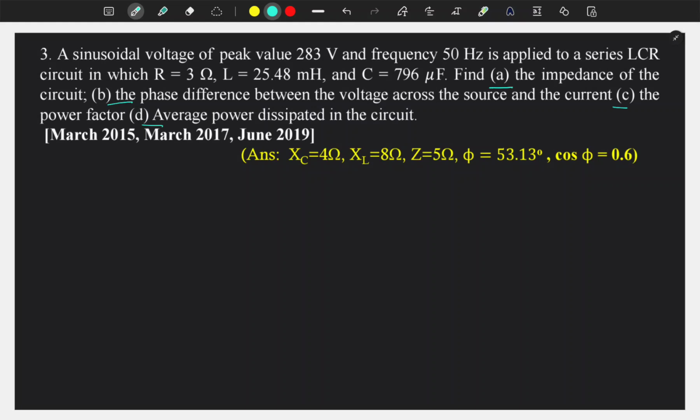Second one is the phase difference between the voltage across the source and the current. C is cos phi, that is power factor. And last one is the average power dissipated in the circuit. So let me write the data first.